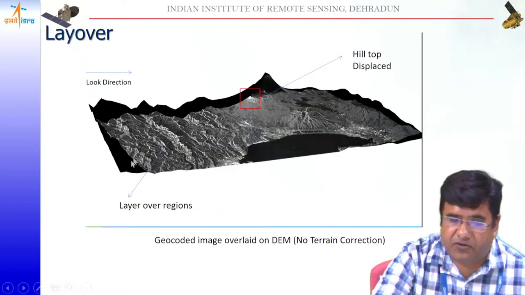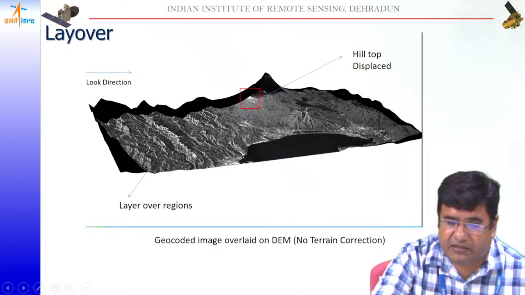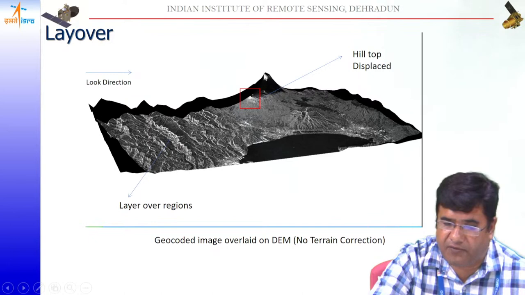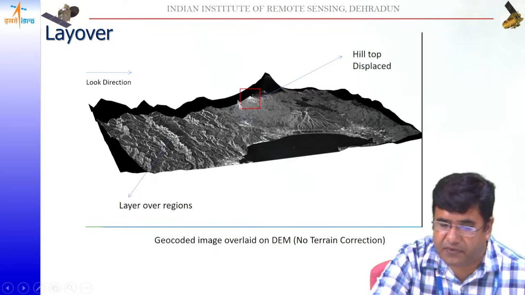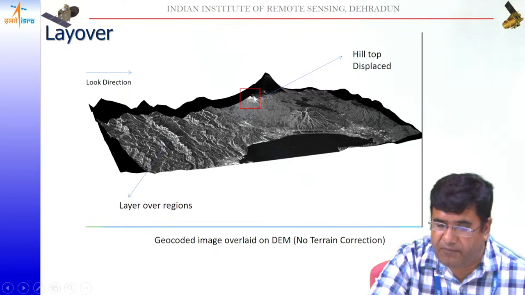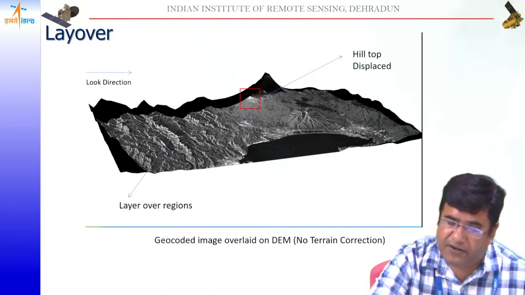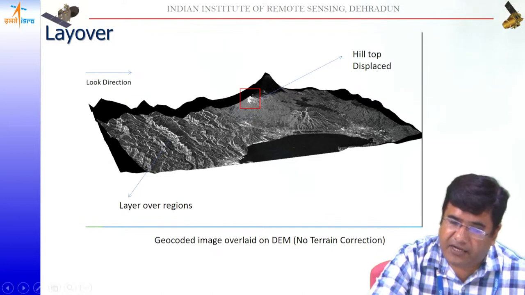In this one image, you can see the top of the mountain, when we grabbed this image on the dam. This is only a geocoded image, not a terrain corrected image. In the geocoded image, the top of the mountain has come before, so it is not at the correct position; it should be at this position.